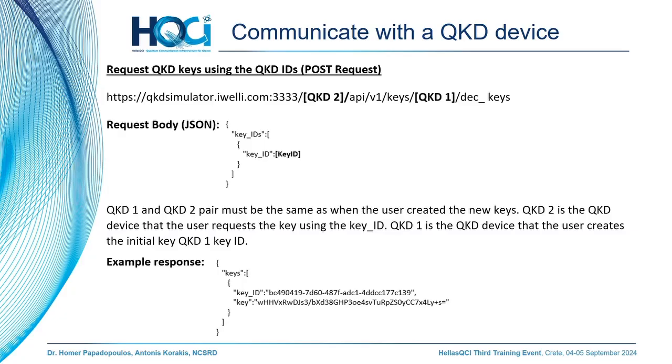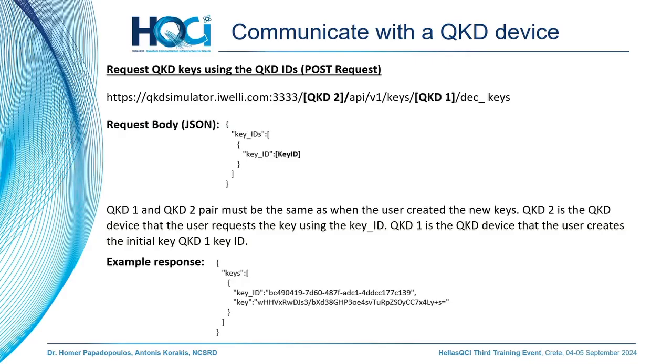The other side, in order to get the same key and start communication, uses this command. The other encryptor sends this command to the QKD, saying that QKD2, I got from QKD1 what I want to get, the keys.